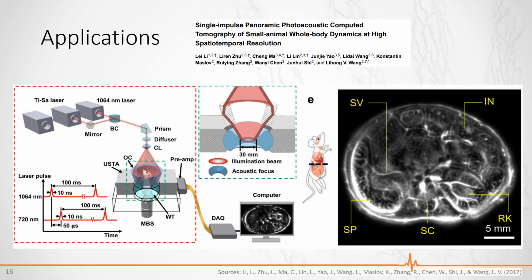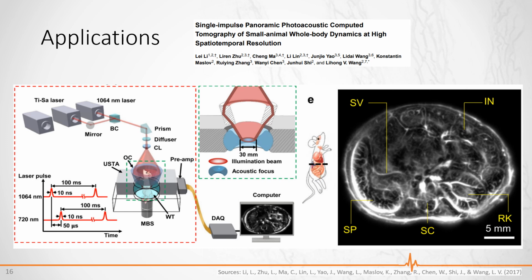Here you can see another section of the mouse with the spleen, intestines, spinal cord and right kidney very clearly visible without any contrast agents.